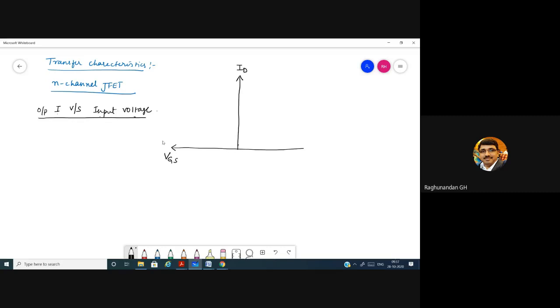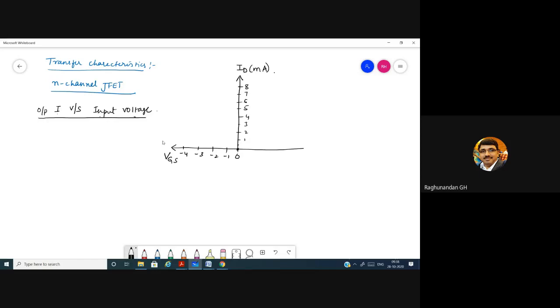Negative. So when VGS is negative, we take the second quadrant, and after that we can mark the points. The current will be in terms of milliamperes.